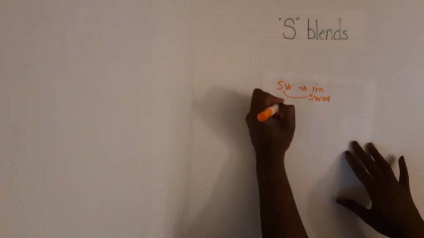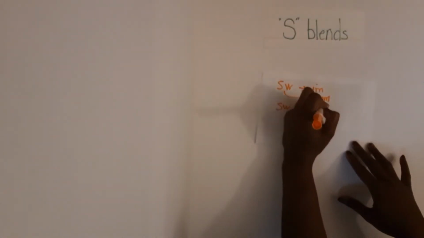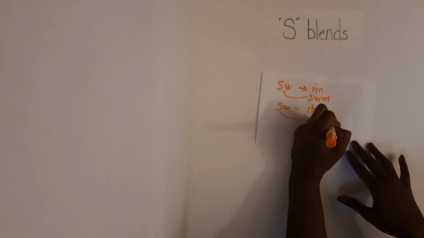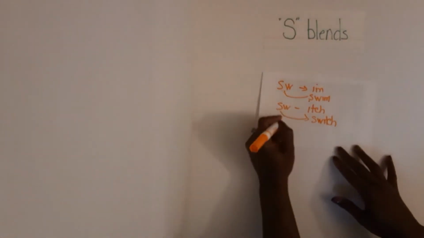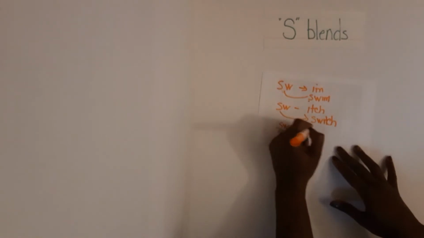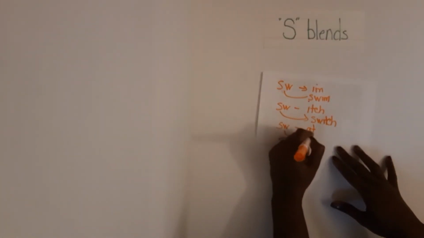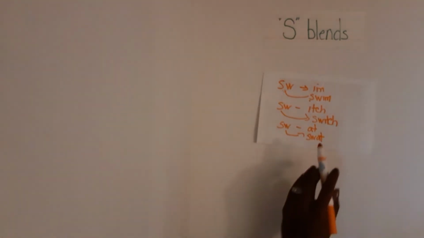And then another one we can do for SW, ITCH is switch. And then if we have SW and we put AT, we have SWAT. So remember, SW says sw, and at the end you blend your word together.